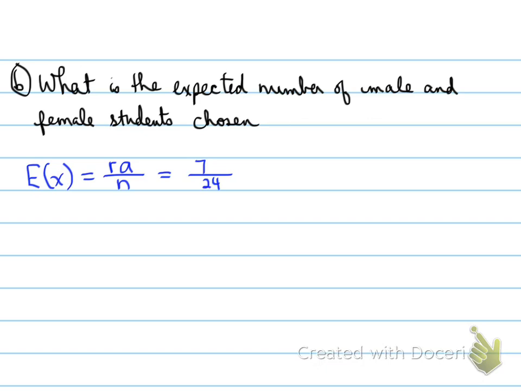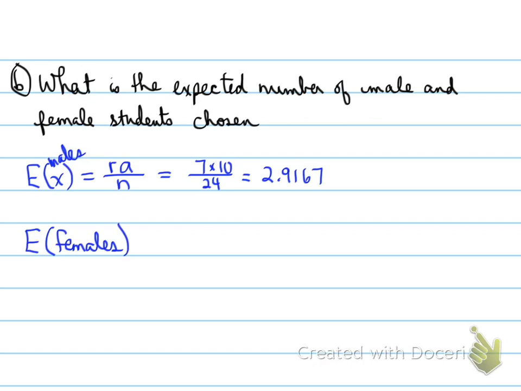We've chosen 7, and from that 7, we want how many males? Well, we have 10 males, so this is the expected value for males, which will equal 2.9167.